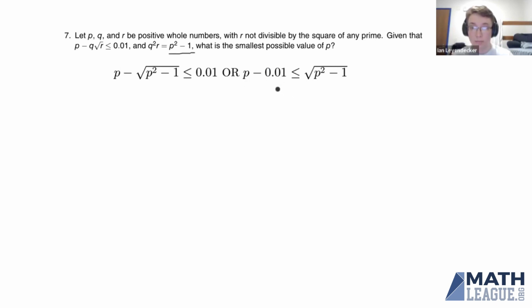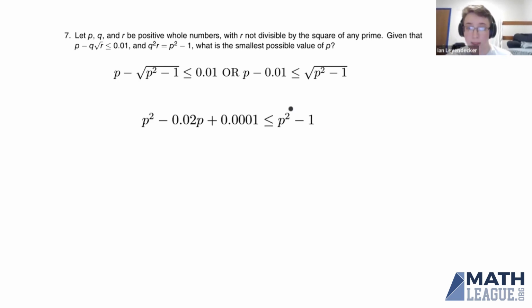So when we square both sides, we're going to get P squared minus 1 on the right side, and P squared minus 0.02P plus 0.0001 on the left side, and that is less than or equal to P squared minus 1.